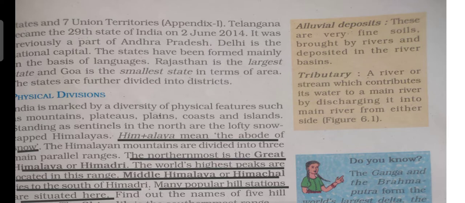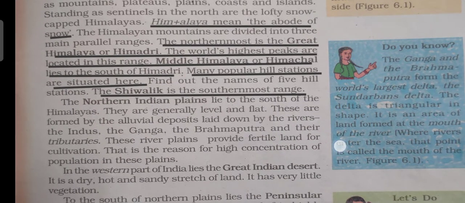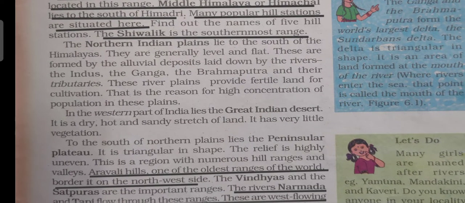So basically children, tributaries are the smaller rivers that flow and get mixed with the main river, and this is what is meant by the word tributary.